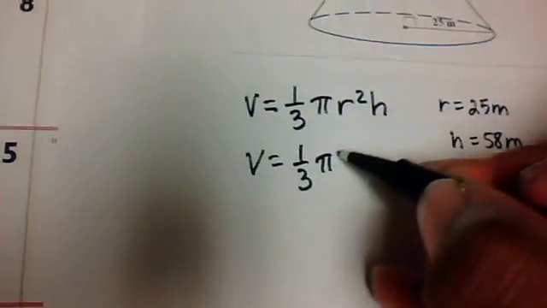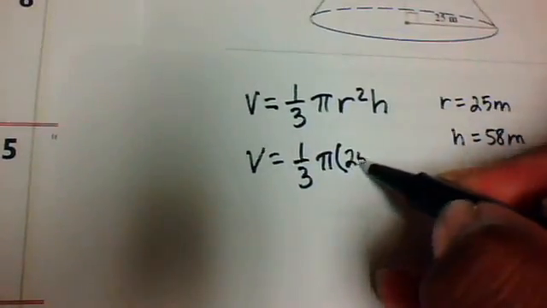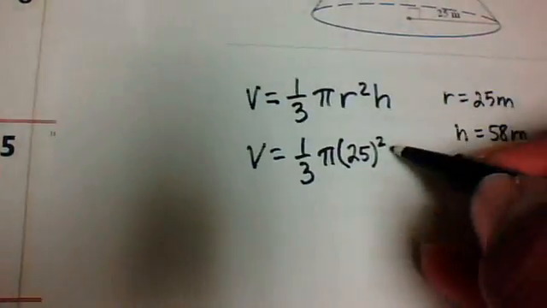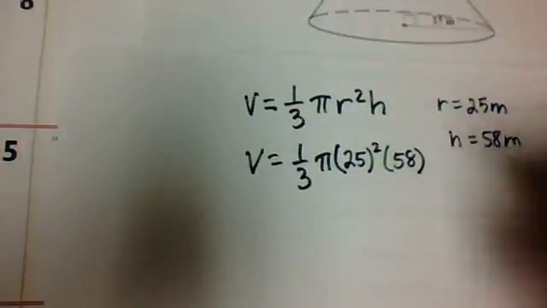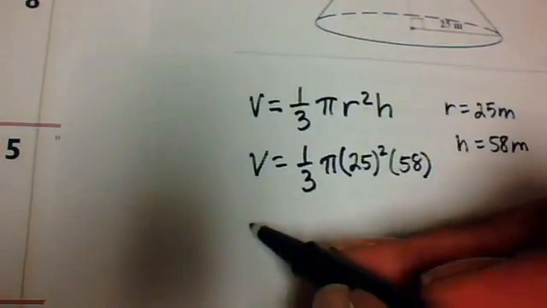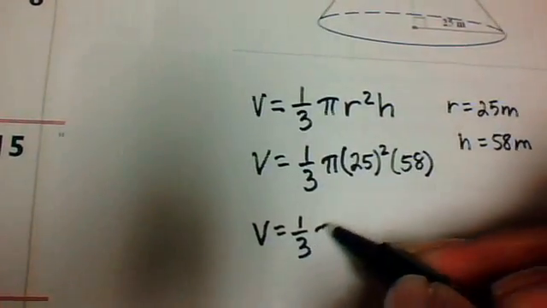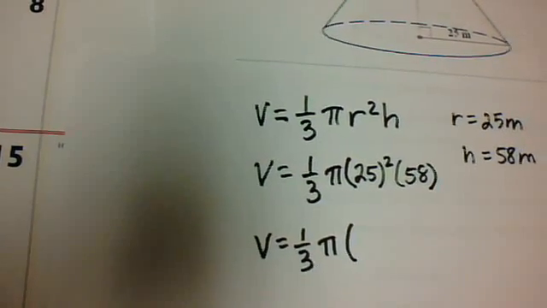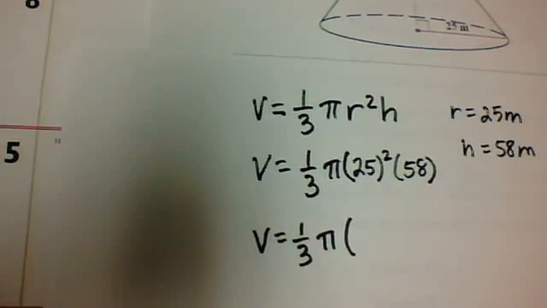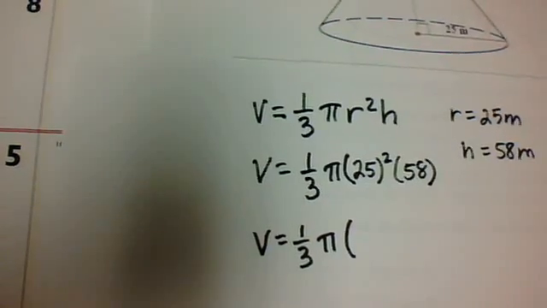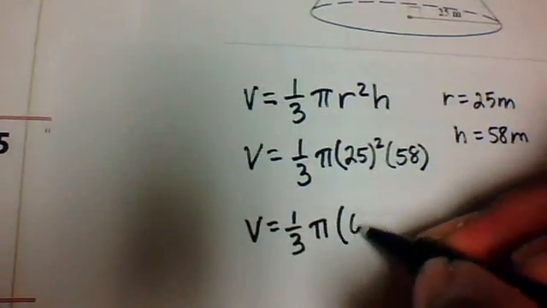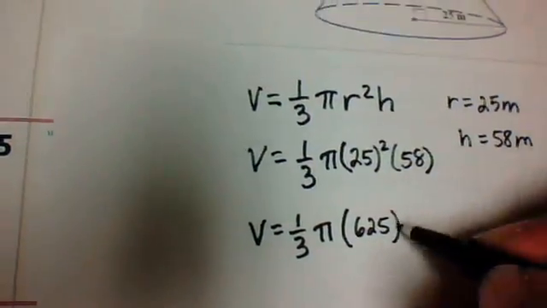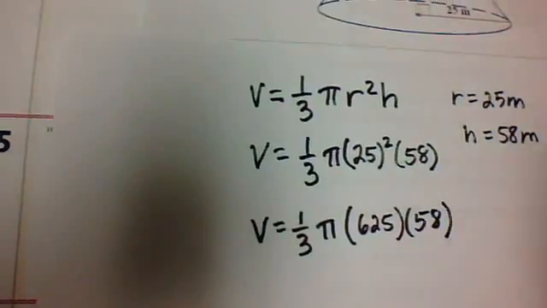So we have 1/3 pi times the radius, which is 25, and that's 25 squared, times 58. Now we'll simplify 25 to the second, which is 625, times 58.